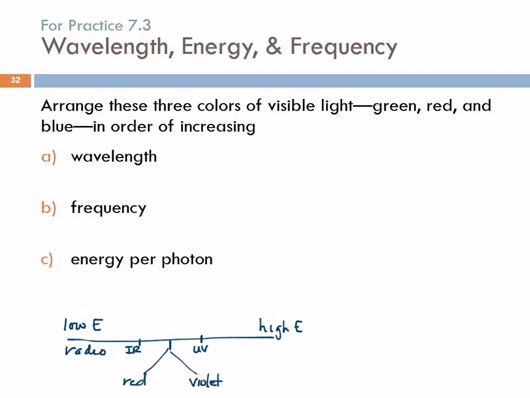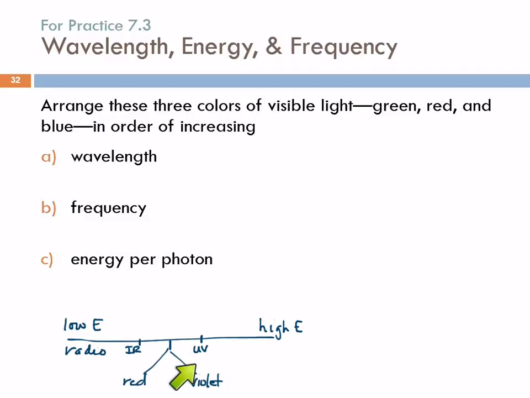Does that make sense? Higher energy going up this way. Does ultraviolet hurt you? Yeah, sunburn, right? It can ultimately give you skin cancer. Infrared, that's heat. Now, too much infrared can hurt you too, but that's lower in energy.